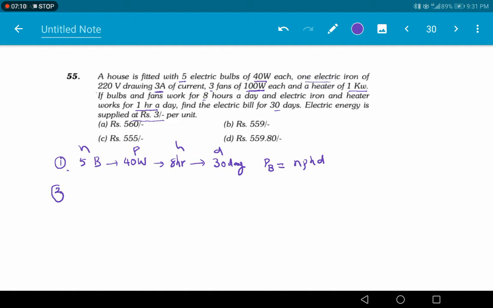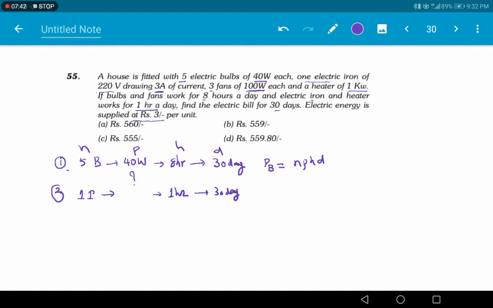One electric iron of 220 volt drawing 3 amperes of current. So one iron, the wattage is not given, and the electric iron is used for how many hours. Iron is used for 1 hour, then again 30 days. So how to find out the power?